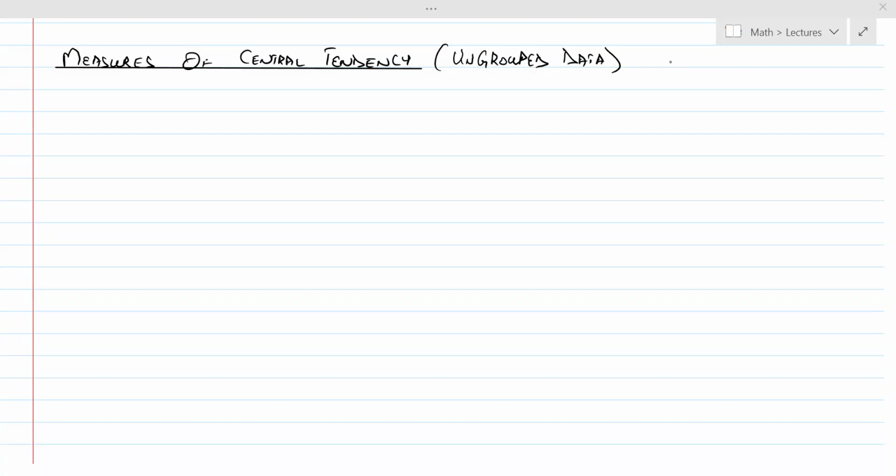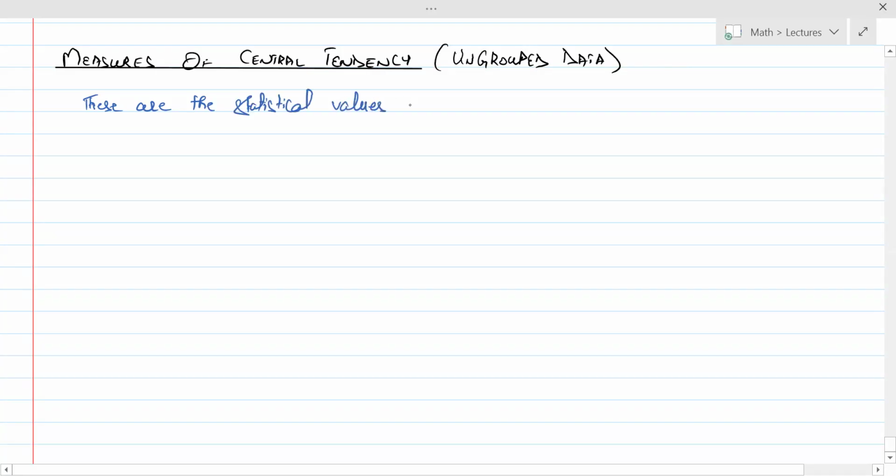So when we say measures of central tendencies, these are the statistical values which tells us the center or average of the data set.